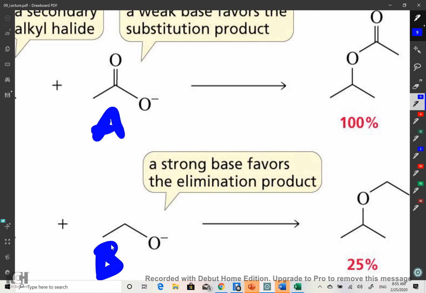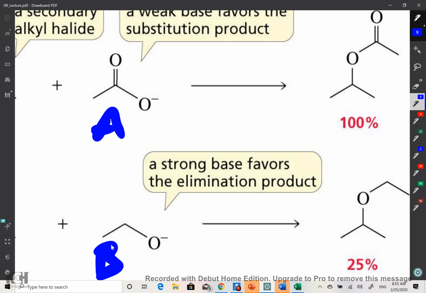What's the question? Which one is more stable? Right? Remember I said the weak base is more stable. The weak base is more stable. Which one is more stable?